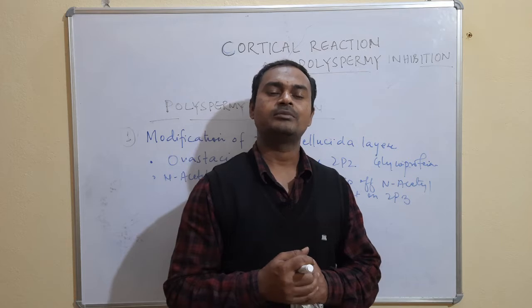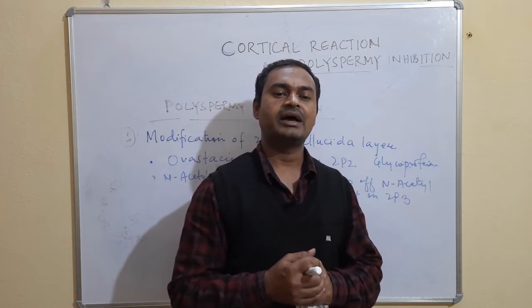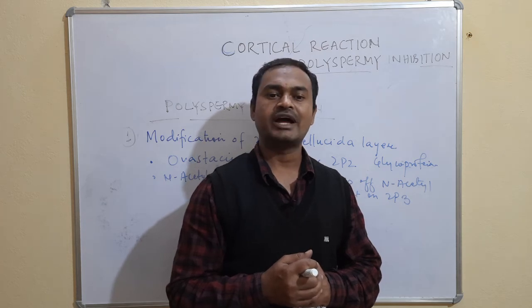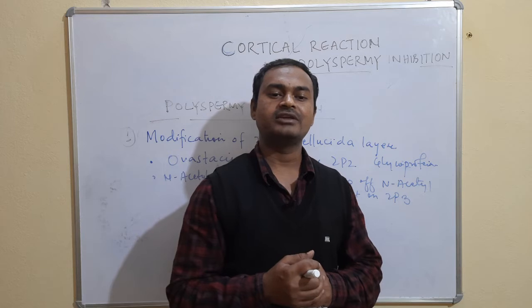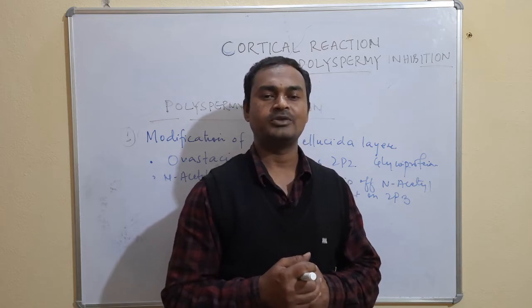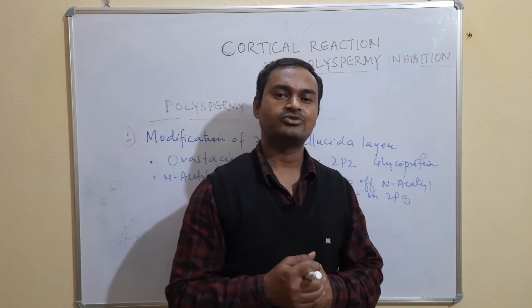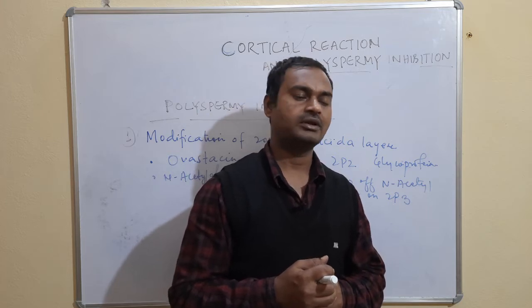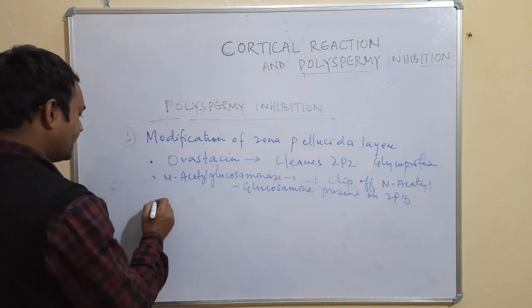So there is a barrier, and this barrier is induced by the help of these two proteins, that is called ovastacin, and the other one is the N-acetyl glucosamine, which is present on the surface of the zona pellucida 3 glycoprotein.